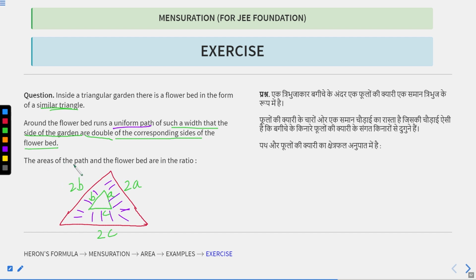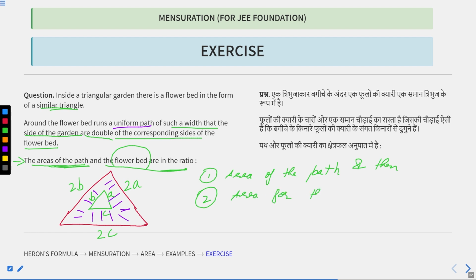Now we have to find the area of the path. So how are we going to find the area of the path? Sorry, the main question is to find the ratio of the area of the path to the flower bed. So first we need to find the area of the path, and then the second, the flower bed area.